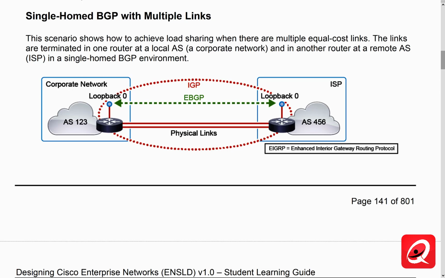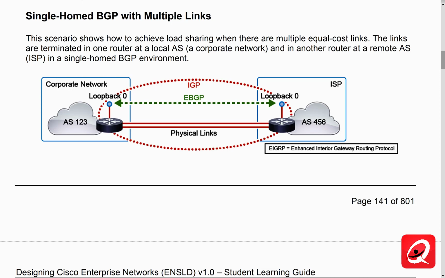You have multiple physical links between the eBGP speakers. You don't want to peer with one of those physical links, because if that physical link goes down, then the peering relationship goes down. So you want to peer with the loopback interfaces, but you have to have reachability to those loopback interfaces.